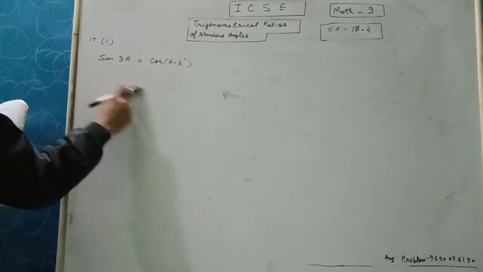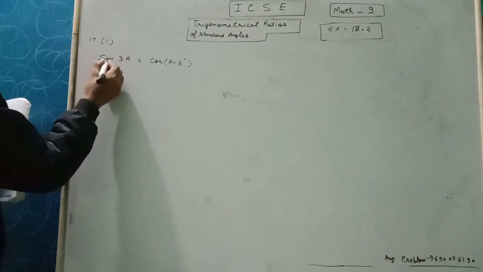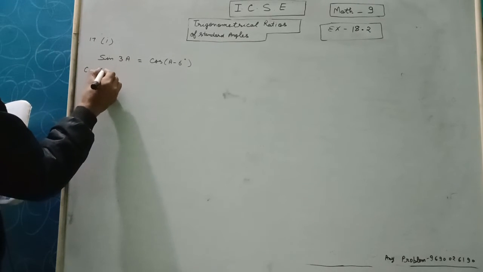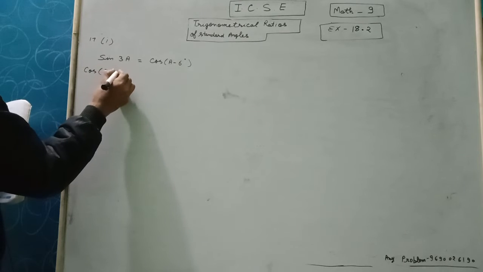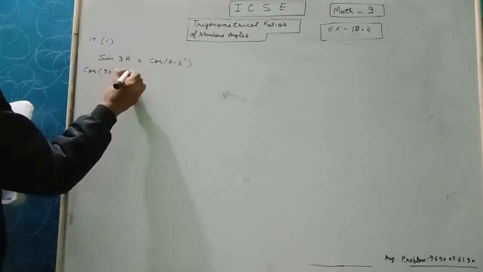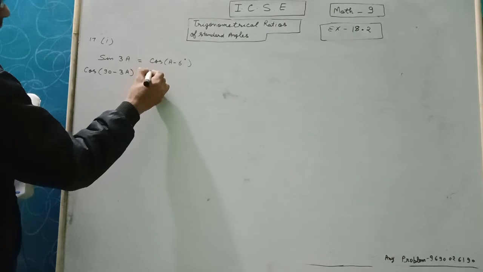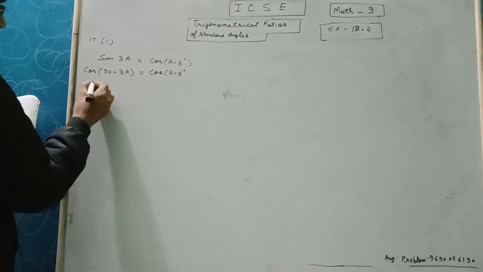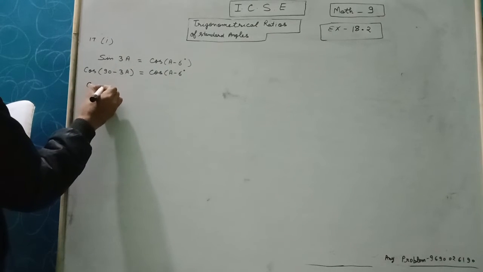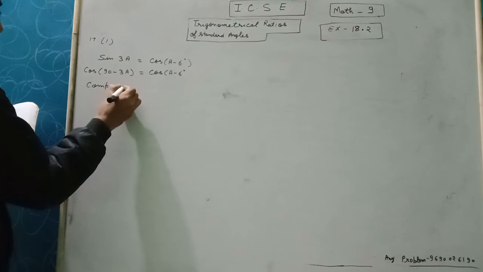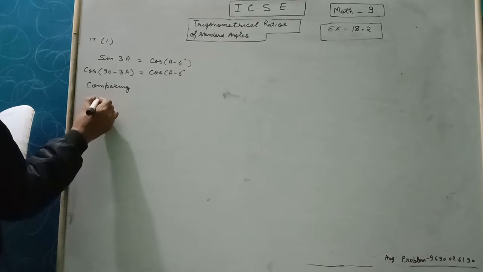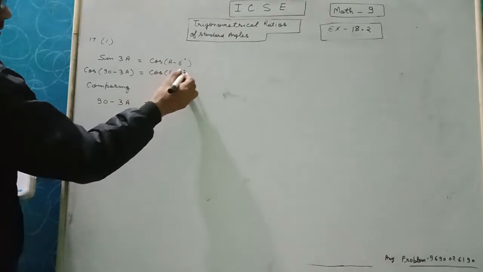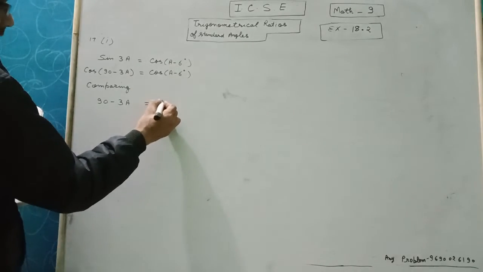Change sin 3a into cos(90 minus 3a), which is equal to, the right side being the same, cos(a minus 6). Comparing, 90 minus 3a is equal to a minus 6.